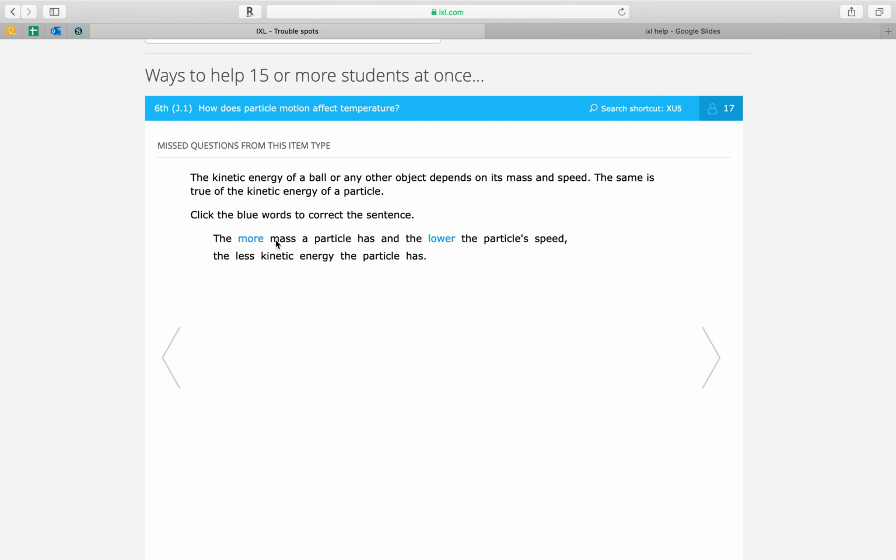So if there's more mass a particle has, and the lower the particle speed, the less kinetic energy the particle has, well, you're going to have to change these blue words to make it correct. Remember, the kinetic energy depends on how fast the particles are moving. So if the particles are moving fast, then there's going to be more kinetic energy. Okay, but it does not matter how many particles there are, it's about how fast they're moving.